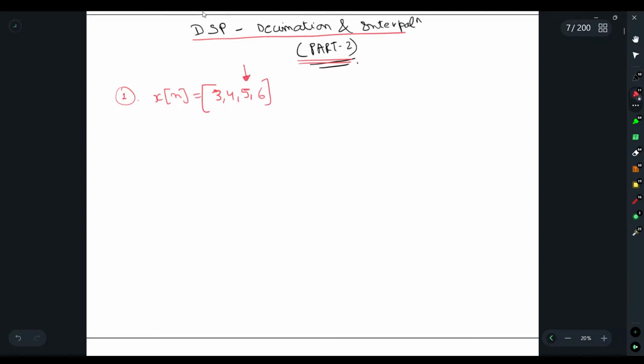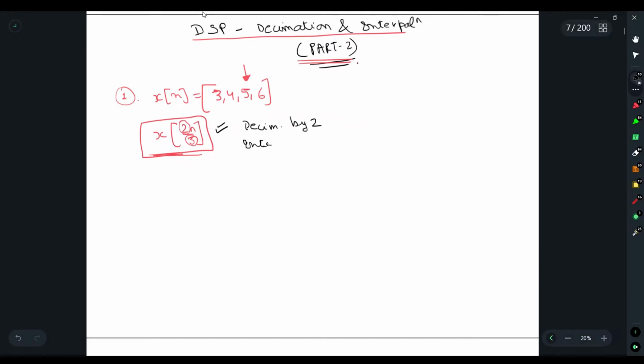Now what we have to do is find the value of x[2n/3]. You must be getting confused, because in this we are decimating by 2, and we are also interpolating by 3. So we are performing both operations here. We are decimating by 2, because 2 is written in the numerator, and we are also interpolating this signal by 3.